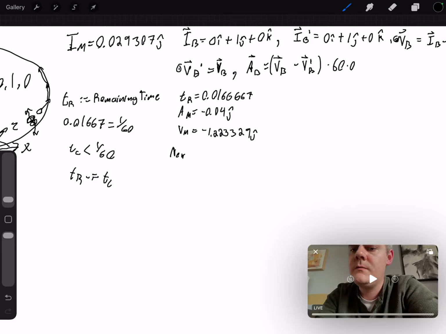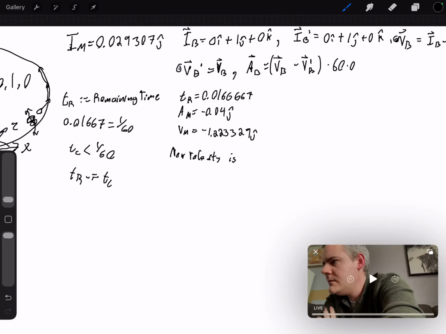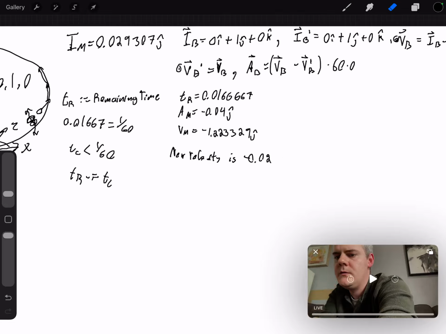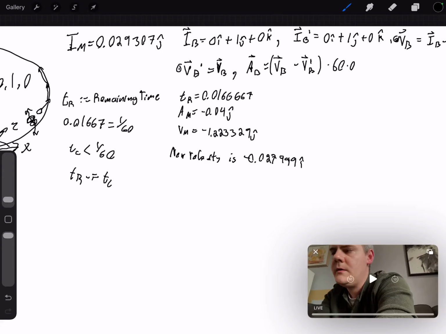I'm saying new velocity is negative 0.02799 in the I direction.